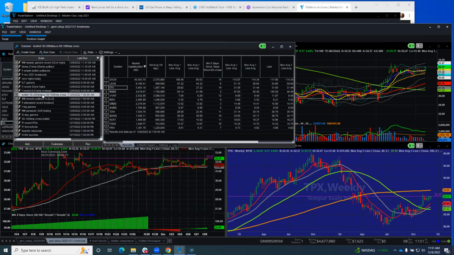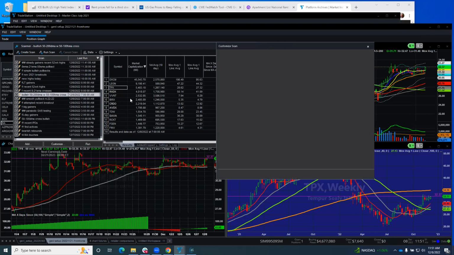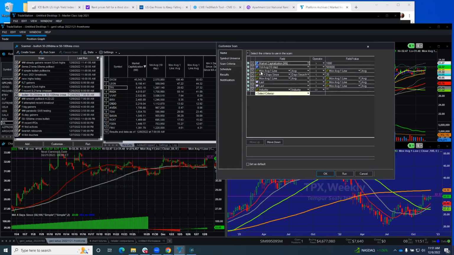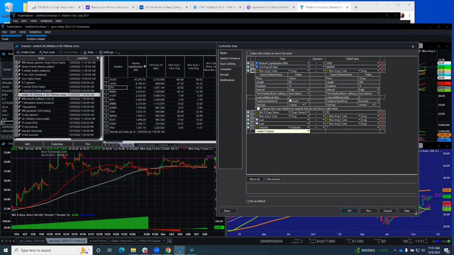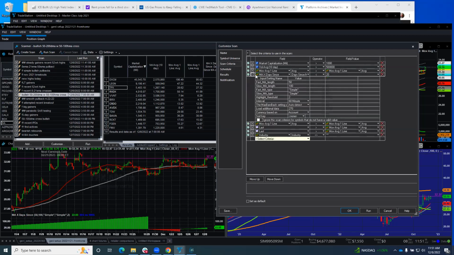Very quickly going back over this scan. Okay, here we go. We want moving average line versus moving average line, 50-day simple versus 200-day simple, 50, 200, daily, daily. Then we want MA cross days since. We want to change it to 50 and 100, simple and simple, and change it to 60-minute candles for the interval.